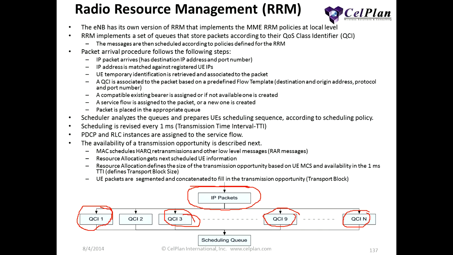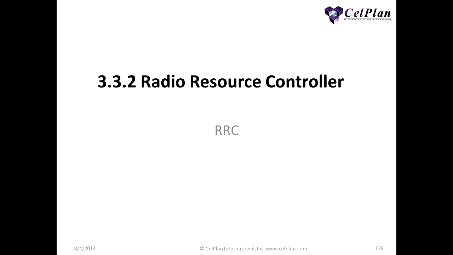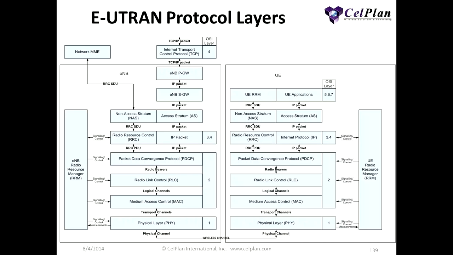Inside the queues they also have priorities. So based on this, a scheduling queue is released, and this queue will then be sent to the next level, which is the radio resource controller.